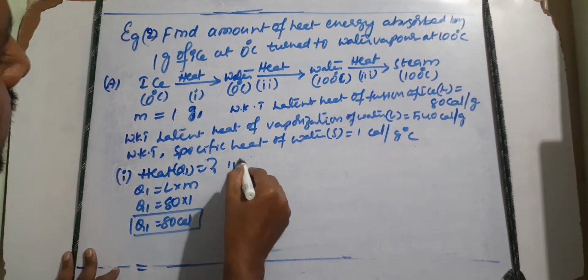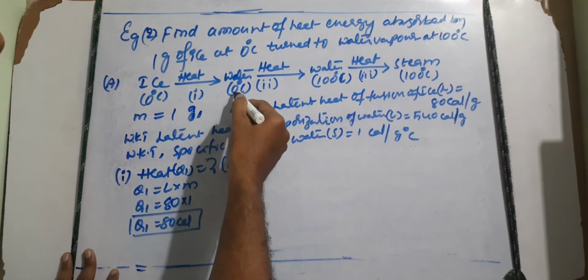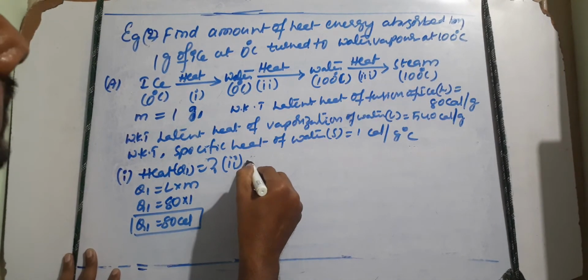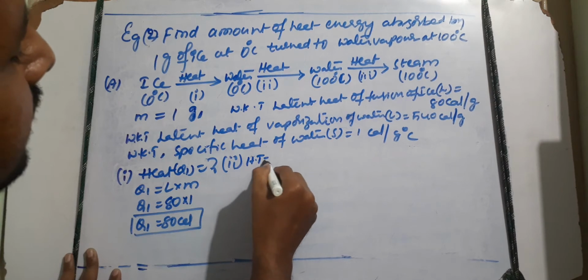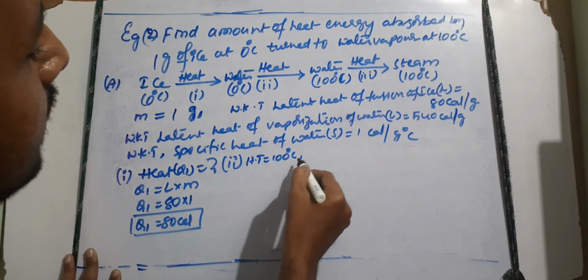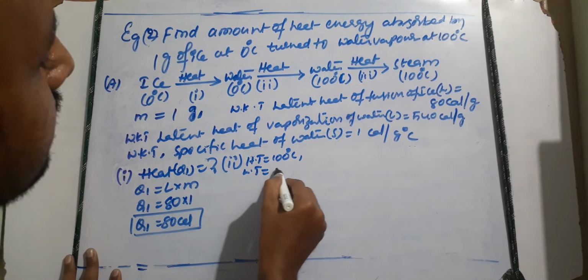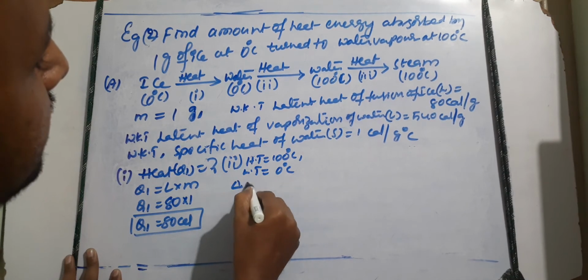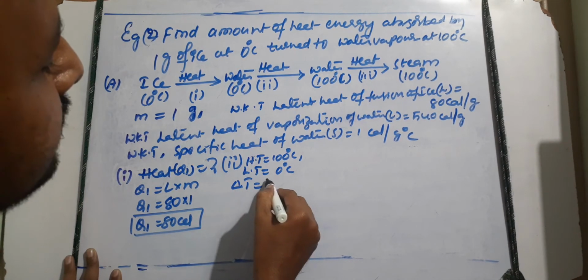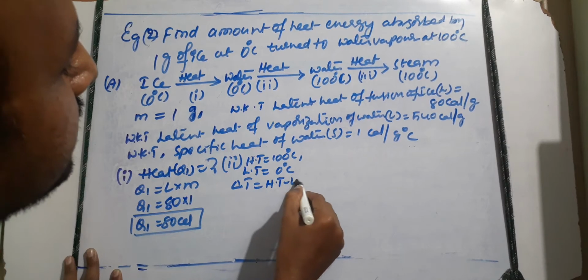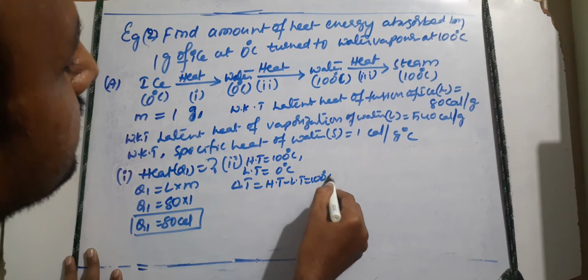And in the second stage, children, there is 0 and 100. So there is a higher temperature of 100 degrees Celsius and a lower temperature of 0 degrees Celsius. Then delta T is equal to the higher temperature minus the lower temperature, which is 100 degrees Celsius.